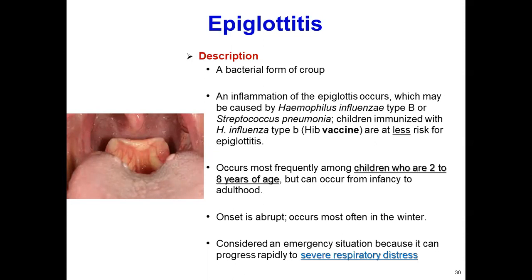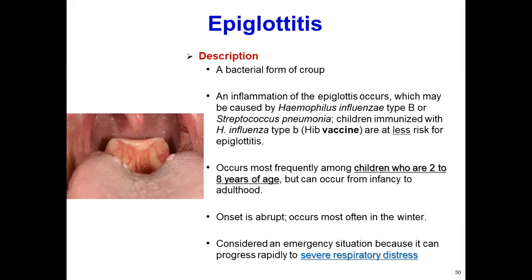So the onset is sudden or abrupt, occurs most often in winter, and is considered an emergency situation because it can progress rapidly to severe respiratory distress.